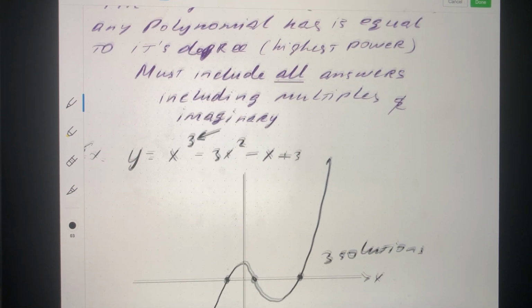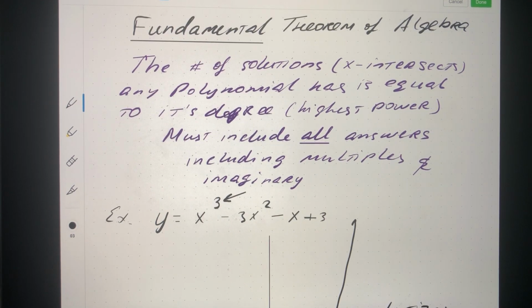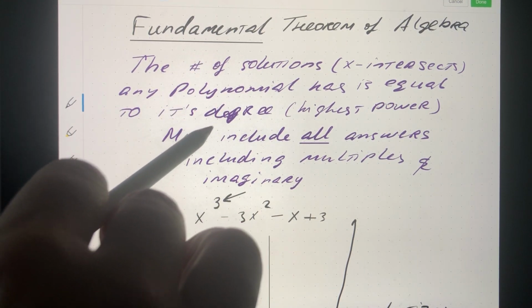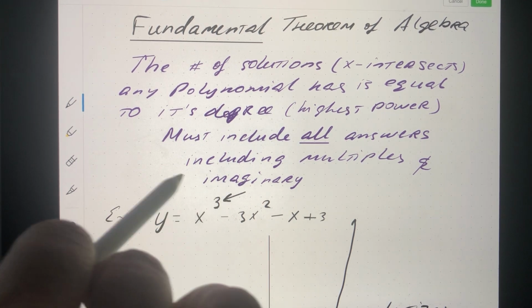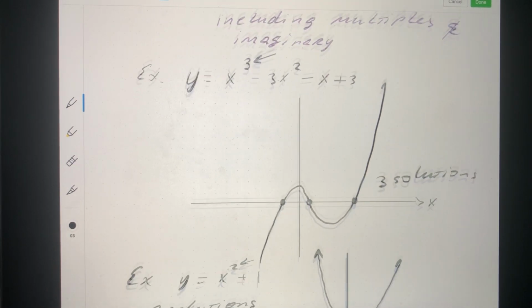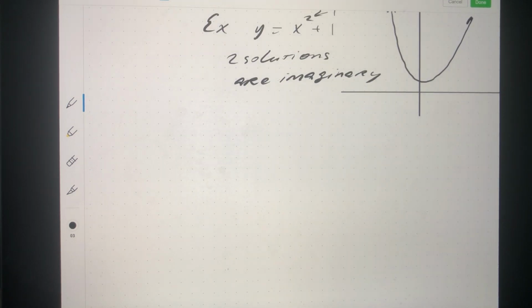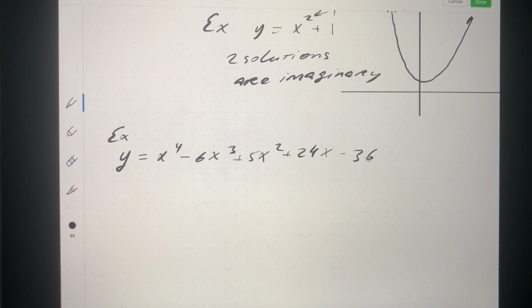So in this example, we have 2 imaginary solutions. Just like the fundamental theorem of algebra promised, the number of solutions will be equal to the degree, but we have to include the imaginary, and the imaginary answers will not be seen on the picture. Another situation that could happen is we could get the same solution more than once. So here is an example. y is x to the 4th minus 6x to the 3rd plus 5x to the 2 plus 24x minus 36.